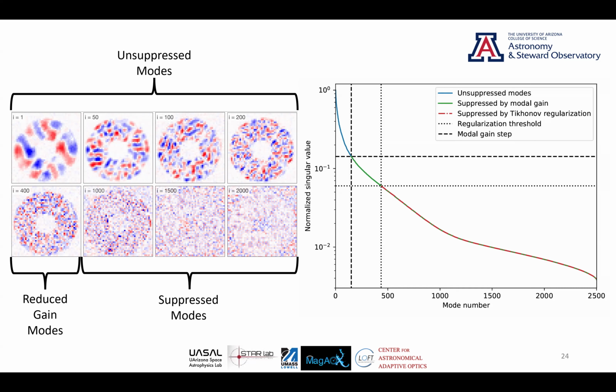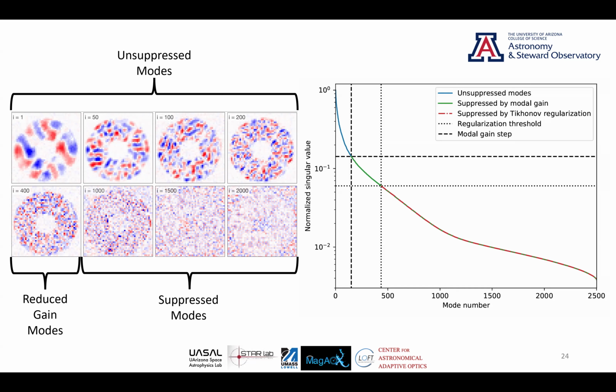So we can modal bin so that we can say, well, we suppress these modes, we don't want them. But these guys, we think when we get a response from them, it's kind of right, but not entirely. And so that means we can say, well, whatever amplitude this comes up with, let's say I see 5 nanometers of coma, we go, do you? And we suppress it by multiplying it by a gain of like 0.1.